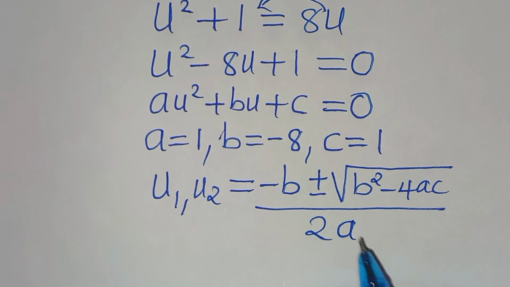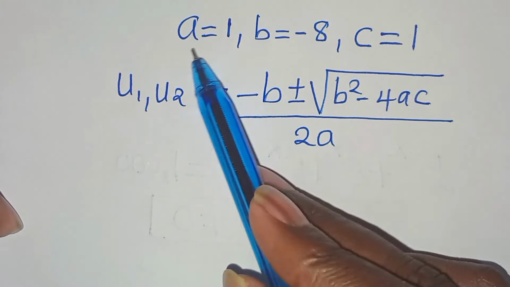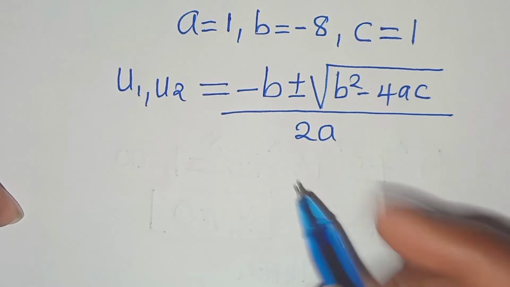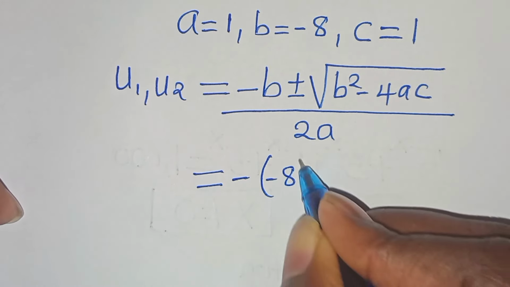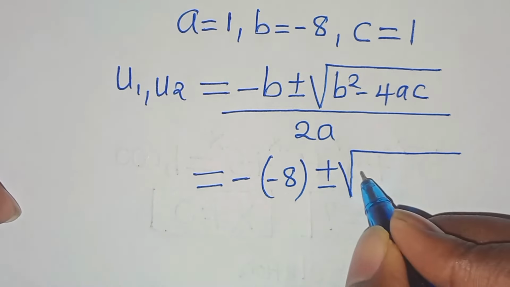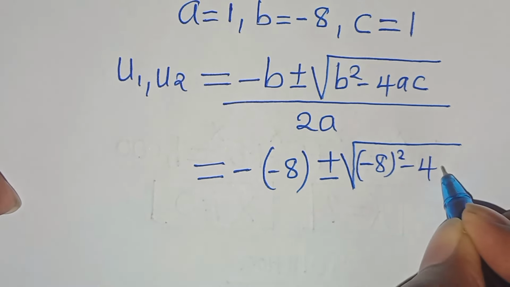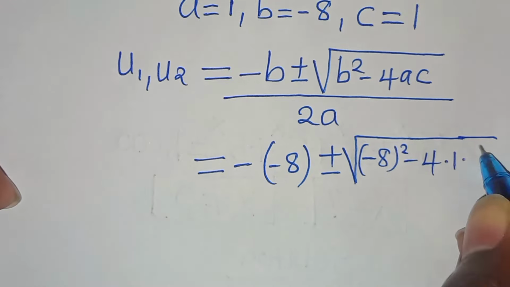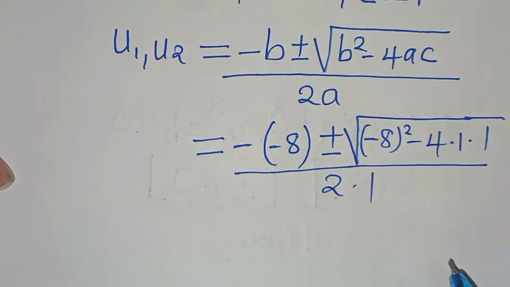Now let's substitute the values of a, b, and c into this formula. Then we have minus minus 8 plus or minus the square root of minus 8 squared minus 4 times a, which is 1, times c, which is 1, everything divided by 2 times 1.